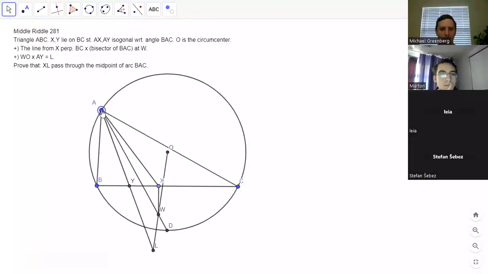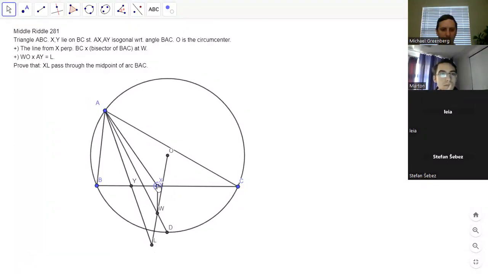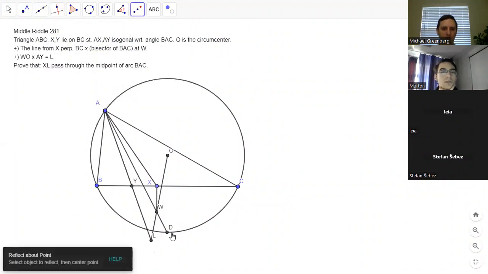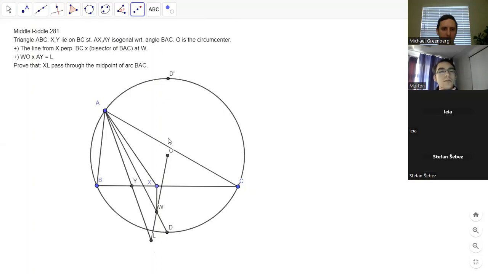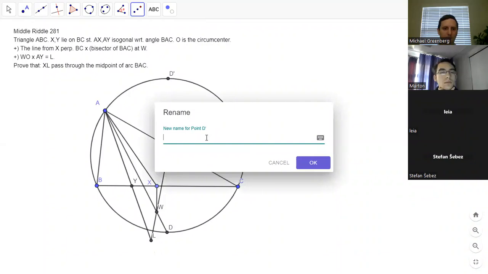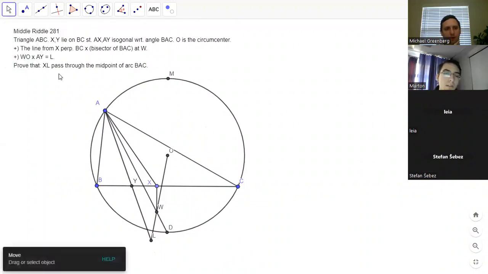It's best to use projective geometry here. If you draw in the midpoint of that arc BAC, that will be the reflection of D in O. Then you'll have a nice harmonic bundle D, M, O, infinity.